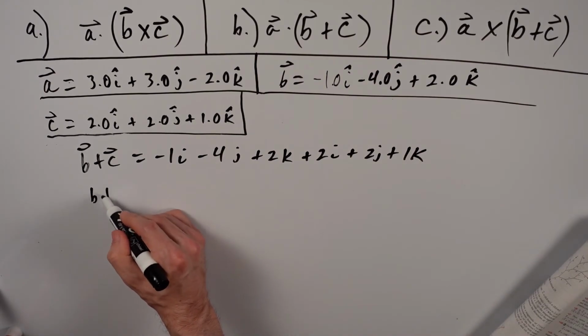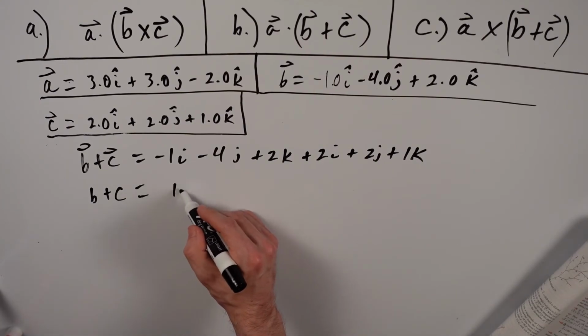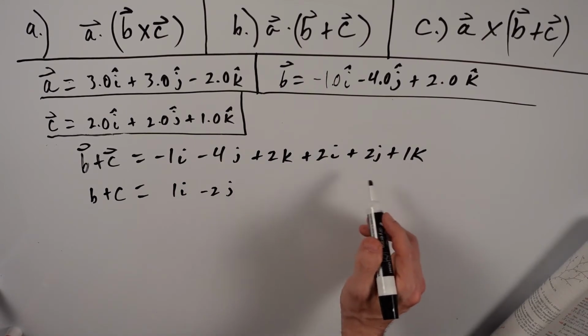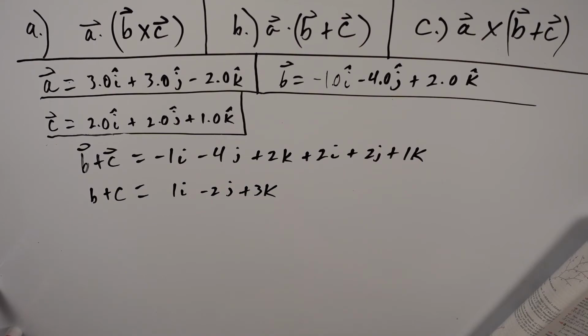And so B plus C equals 1I, negative 2J, and 3K. Yeah, so I think that's what we got before.